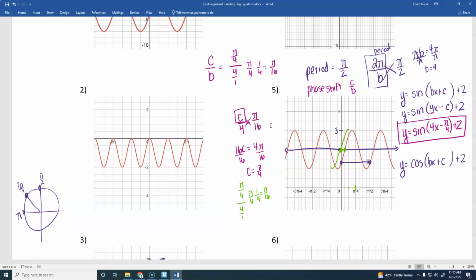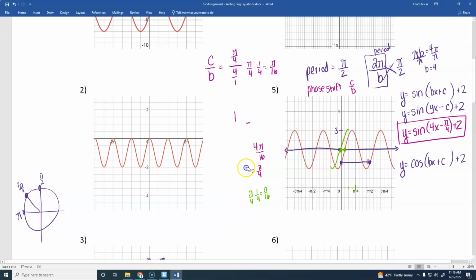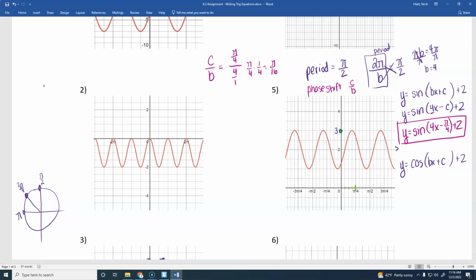All right, so let's do the same thing for cosine. Let's back up. Try this for cosine. I'll have to erase some so I have room here. Cosine usually has a maximum point right here.